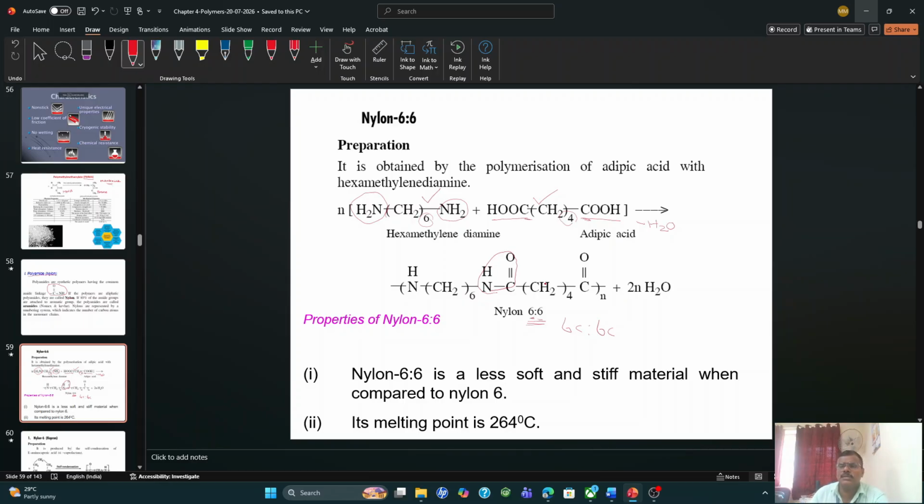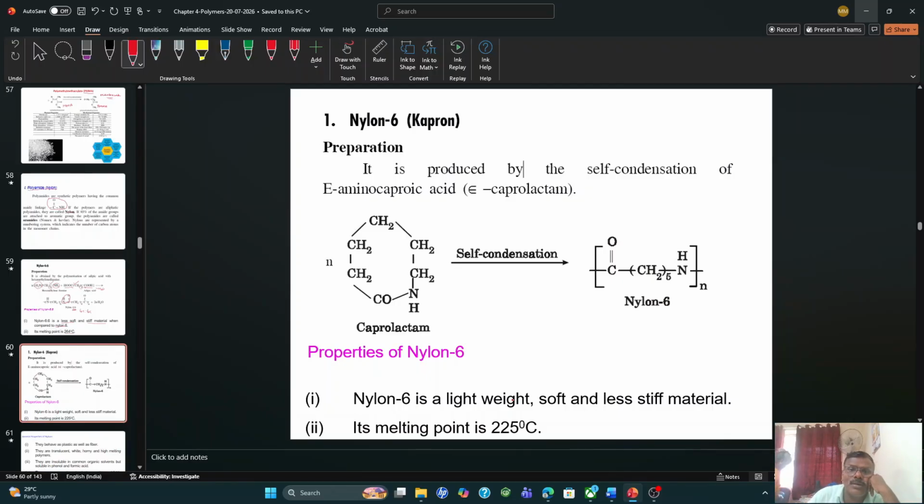So totally 6 carbons. 6 carbons are present in this polymer. Properties of nylon polymer: it is a less soft and stiff material when compared to nylon 6. Its melting point is how much? 264 degrees Celsius.